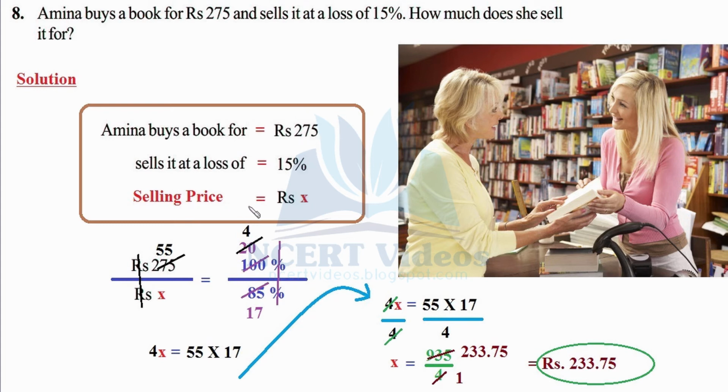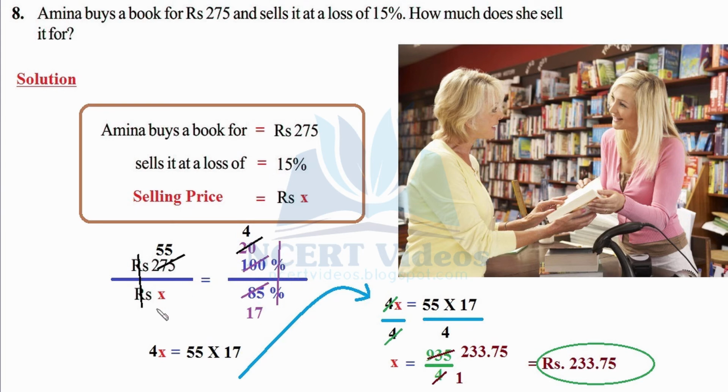So selling price, let us assume it to be x. We will use a more logical method, that is the proportion method. So rupees 275 is the actual value, therefore it is 100%. And we have to find the selling price, that is x. So it will be 85%. Why 85? Because she sells it at a loss of 15%. So 100 minus 15 is 85. Now simplify.